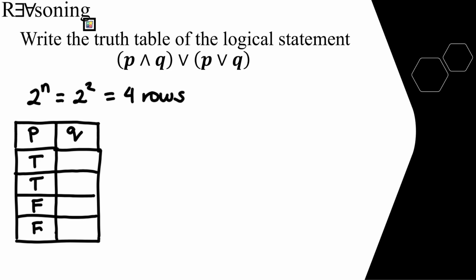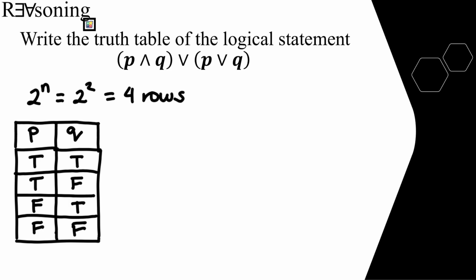For our Q, to come up with the complete pairs of combination, we have here true, false, and then true, false. You can see that the pairs of P and Q are different from one another. So we have here true and true, true and false, false and true, and both false.